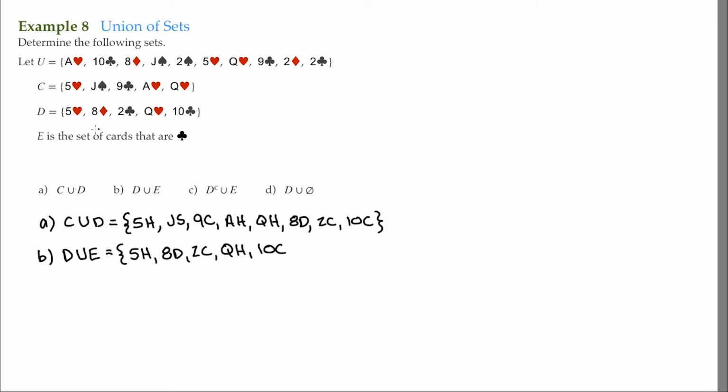This is not the roster method, so I can't see all the individual elements, but I know what those elements are, and those are all the clubs.